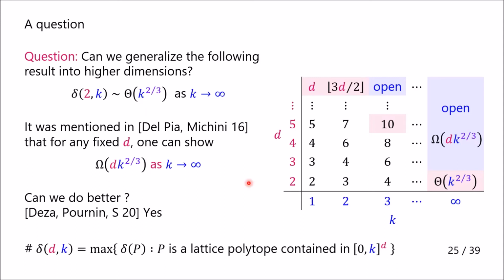Okay, and they also mentioned that it might be an interesting open question whether this lower bound can be improved or not. And our result answers this question, and the answer is yes.